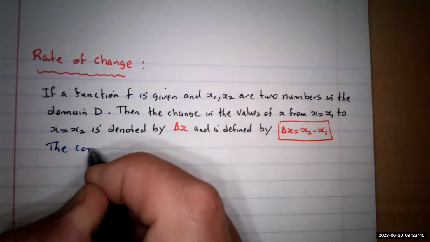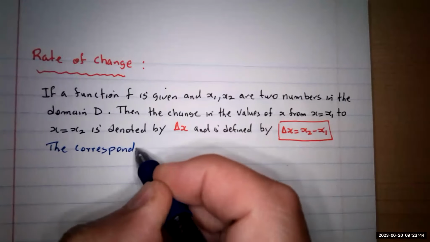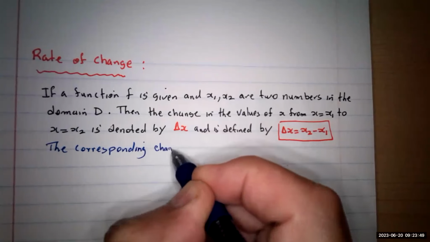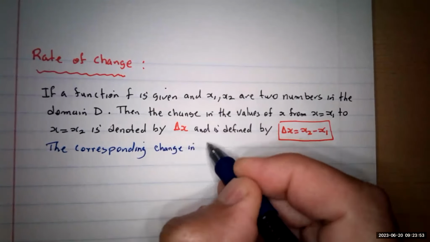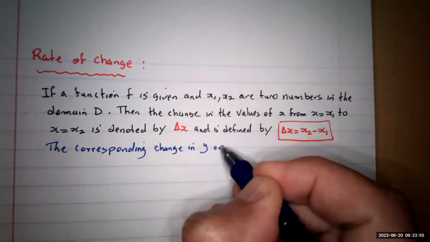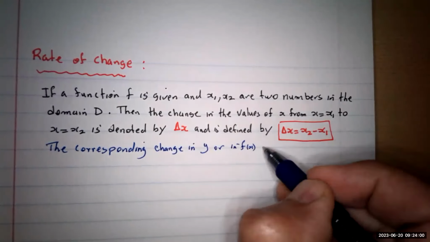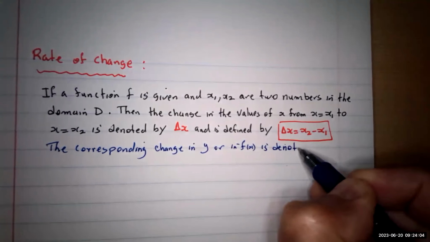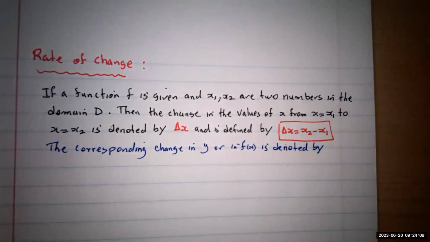The other change, the corresponding change in y, or the value of y, or in f of x, if you like, is going to be denoted by the notation delta y.